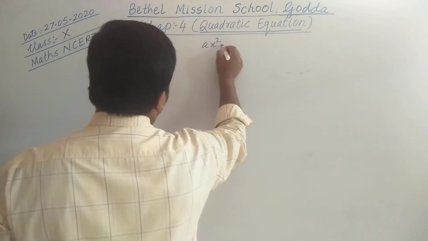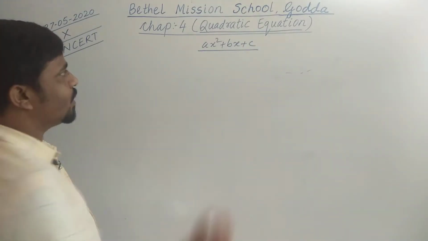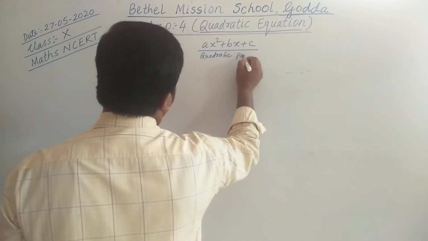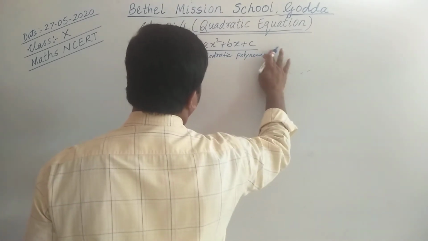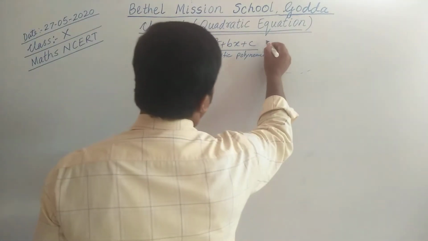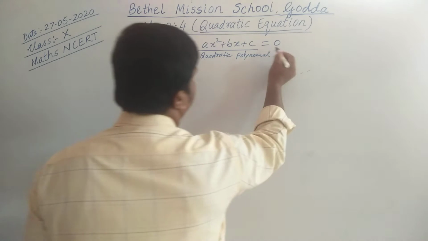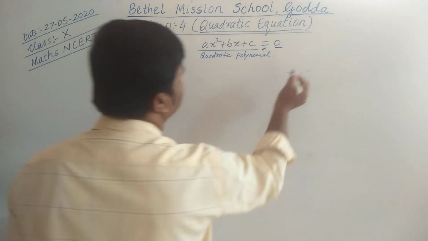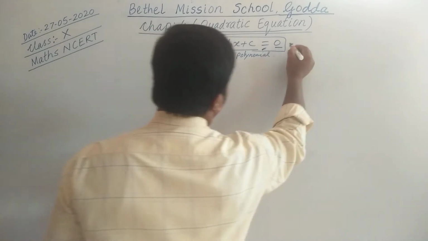ax square plus bx plus c. This is the form of a quadratic polynomial. When this quadratic polynomial is compared with 0, that is, when we equate it with 0 by an equal sign, then this whole is called a quadratic equation.